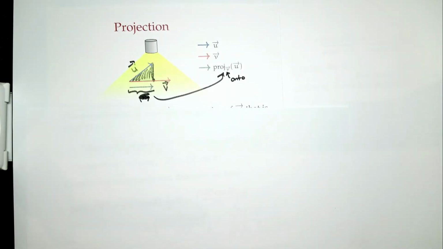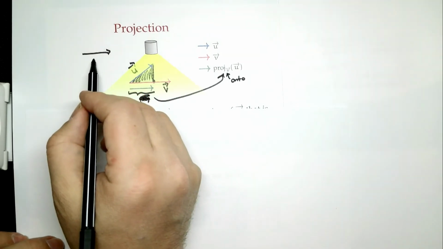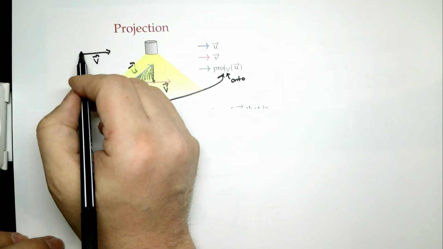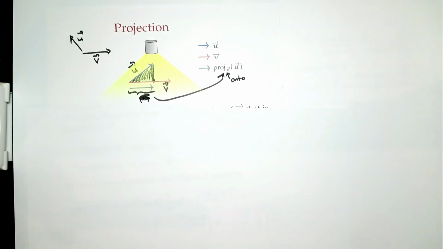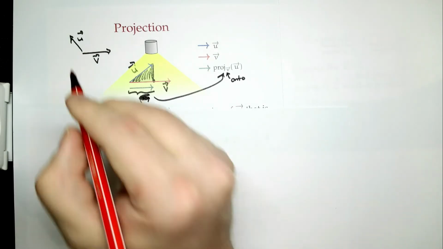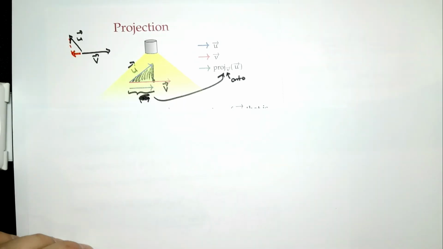Now I want to be careful. Sometimes I like to use the terminology, how much of u points in the direction of v. But when I say the word direction, I have to put quotes, "direction" of v. Because it is possible that you could be in a situation where I have a vector v and I have a vector u, and when I do a projection, it points sort of in the opposite direction of v.